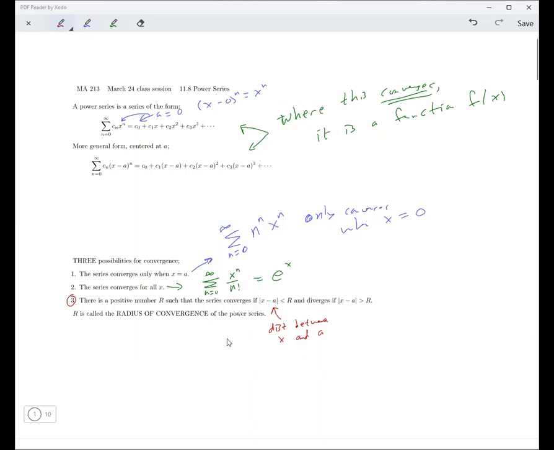What this looks like is, if this is a, and this distance is r, and here's r again, this point is a plus r and this point is a minus r.